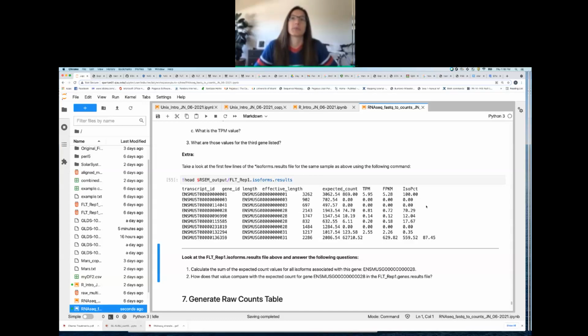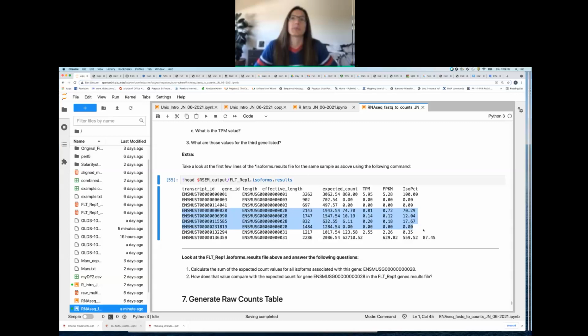Whereas some of these other ones here, right, like this one, we see that there is a breakdown. So there's 4 different isoforms in gene that ends in 28. And so you'll see the breakdown of the percentage of expression of each one of those isoforms and how many of those 4 isoforms are expressed in this sample for gene 28.